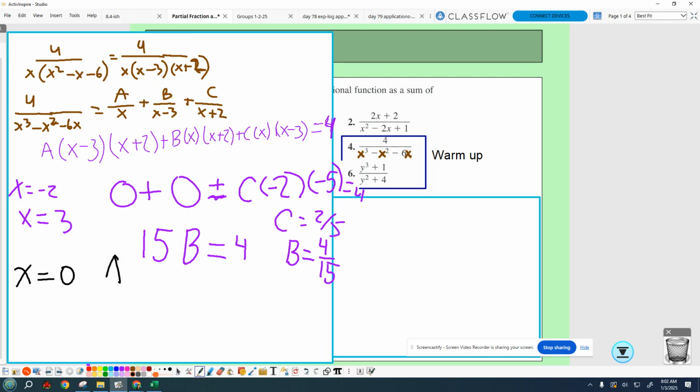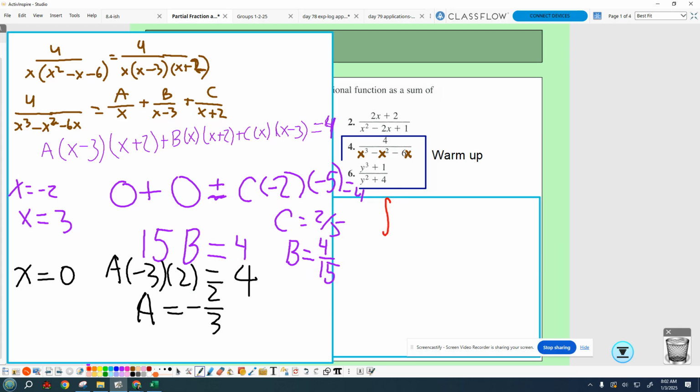So we get -6a equals 4. I skipped the zeros. Yep, that's fine. So a is -2/3.